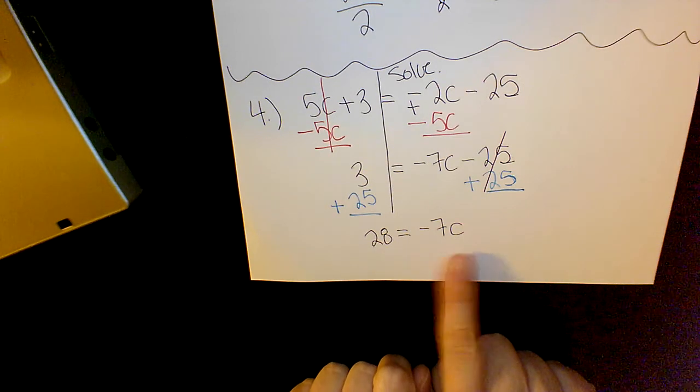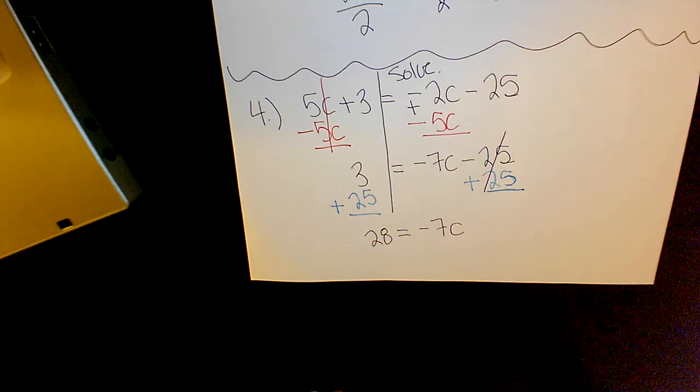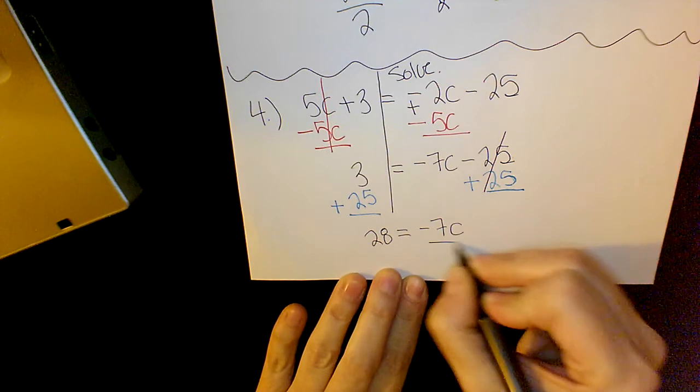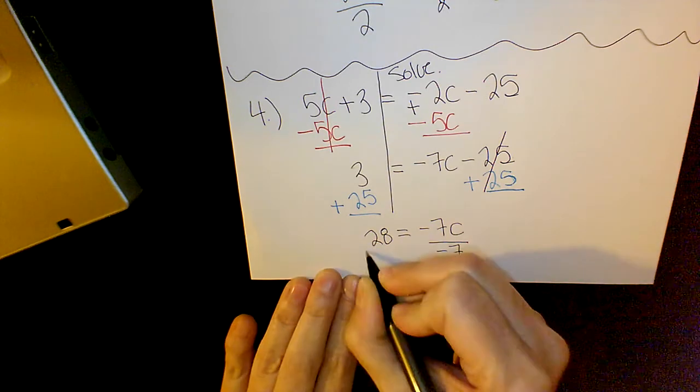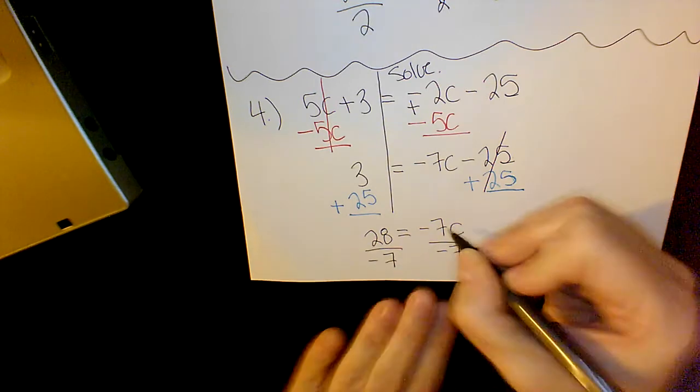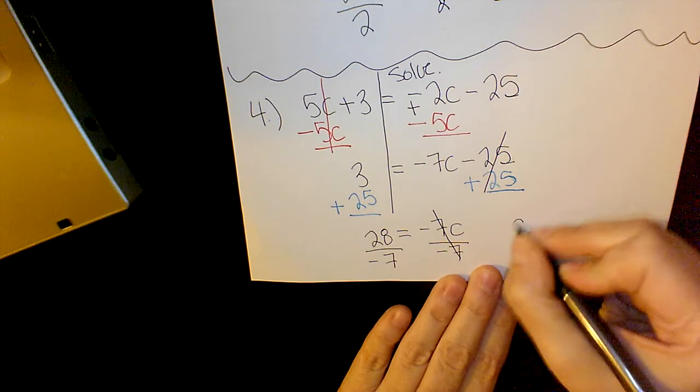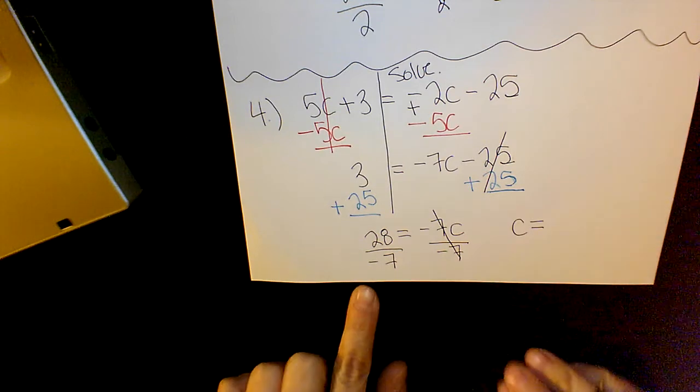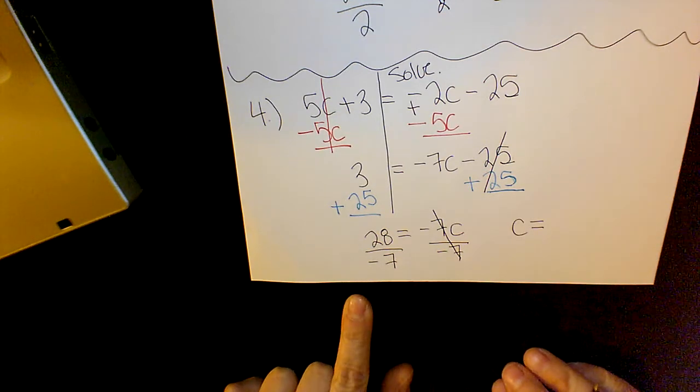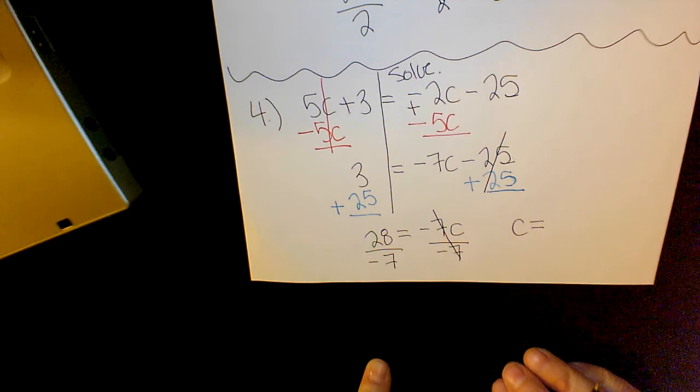So last step, we're always going to divide. So here I need the C by itself. I'm multiplying by negative 7C. So I want to do the opposite. And I'm going to divide both sides by negative 7. So these cancel out. What's a positive 28 divided by a negative 7?